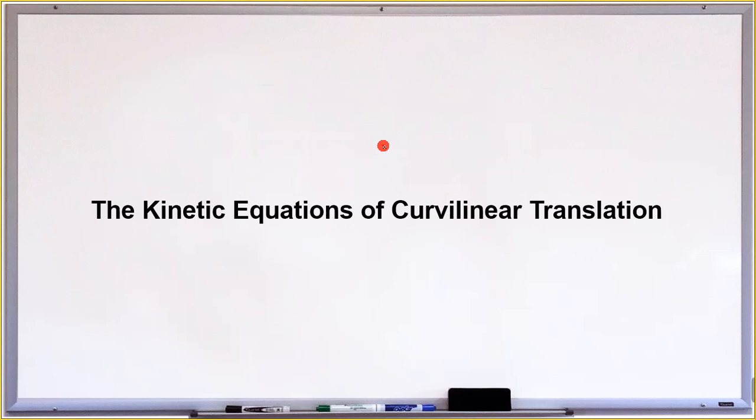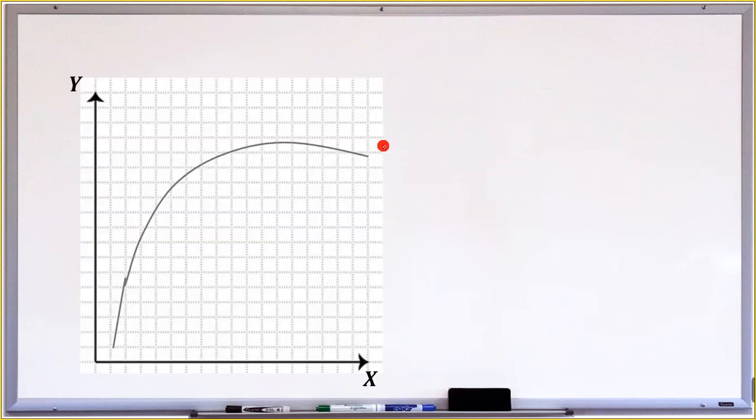So the kinetics or the kinetic equations of curvilinear translation. So let's say we have here a 2D plane, and this is a curved path as shown by this gray line, a curved line.